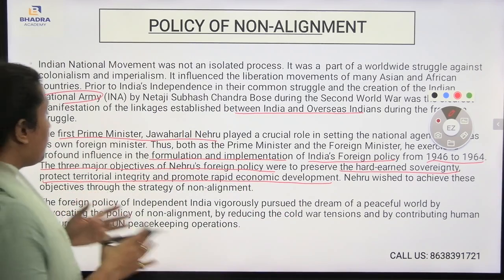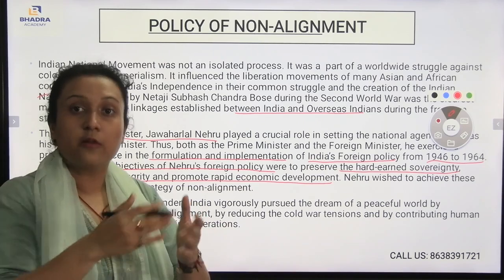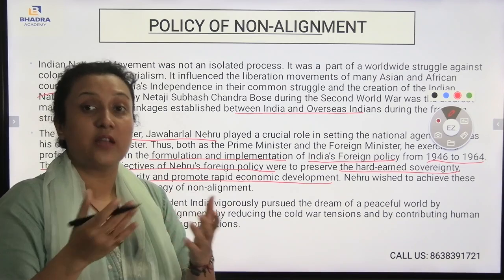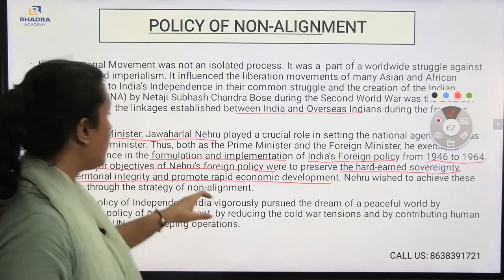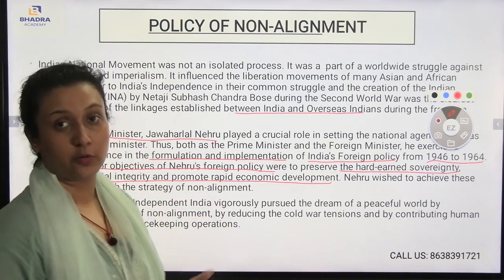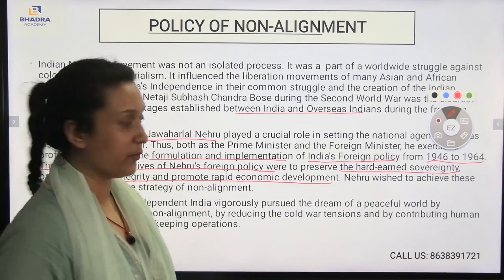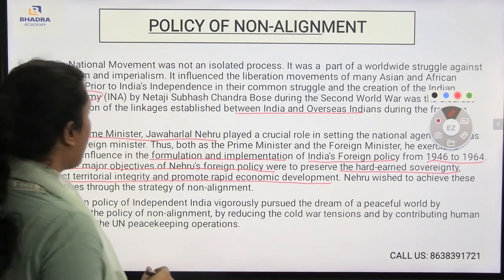Second, to protect territorial integrity. In the territory, there must be peace, there must be integrity, there must be honesty. To protect the territory also, the foreign policy came into existence by Jawaharlal Nehru, and also rapid economic growth. Economic growth was very important so that they can alleviate poverty. Nehru wished to achieve this through the strategy of non-alignment.